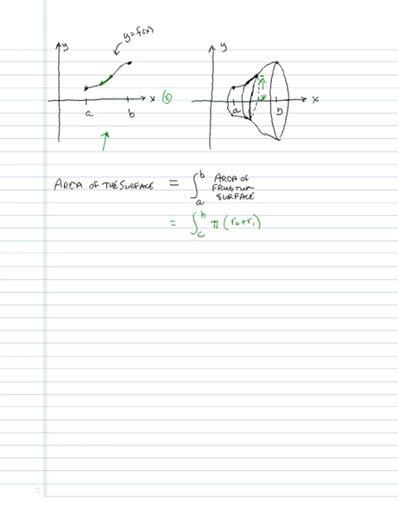And r sub 1, of course, is that radius. Times L, and L is the length of that edge. So that's L.